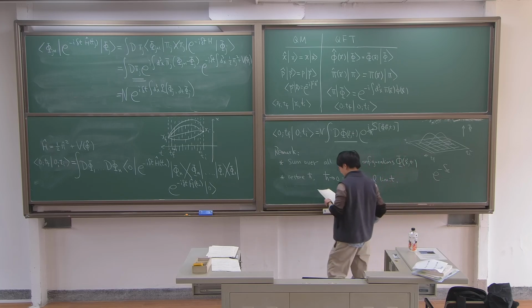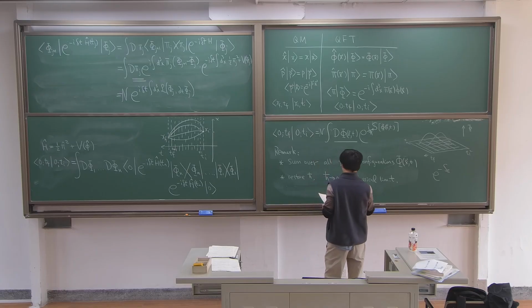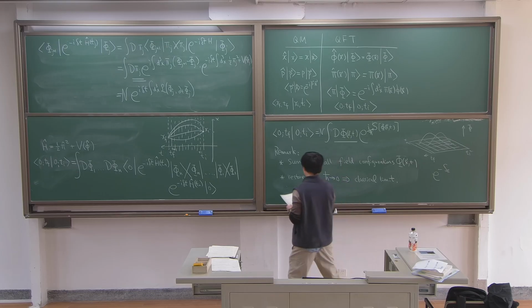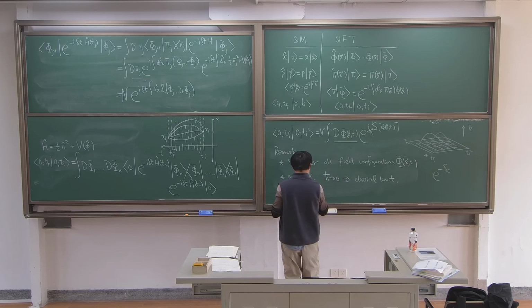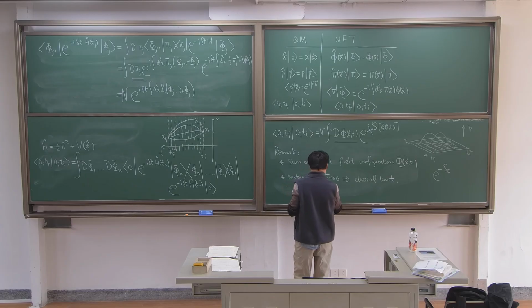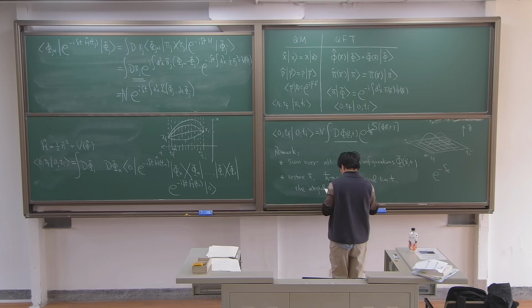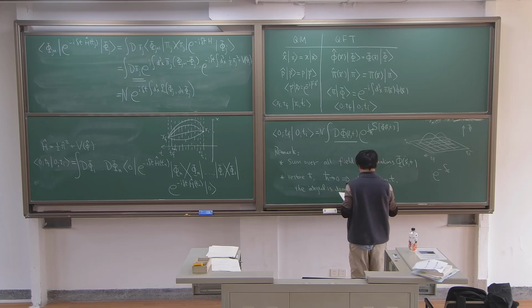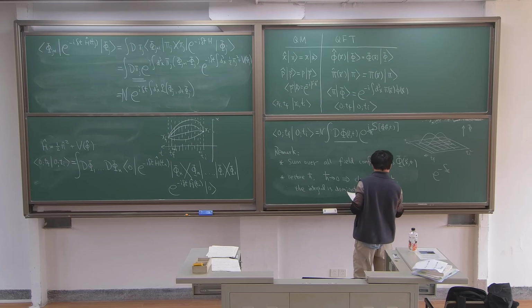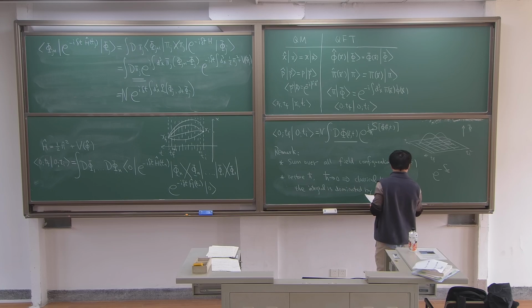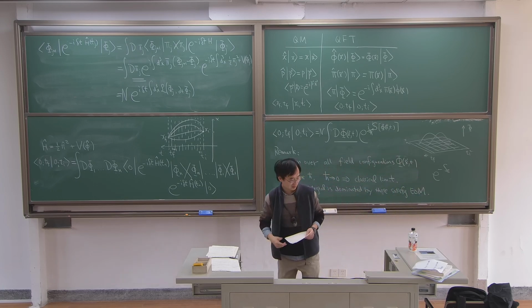So this is the classical limit, meaning that the integral is dominated by the equation of motion, by those phi, the classical solutions.